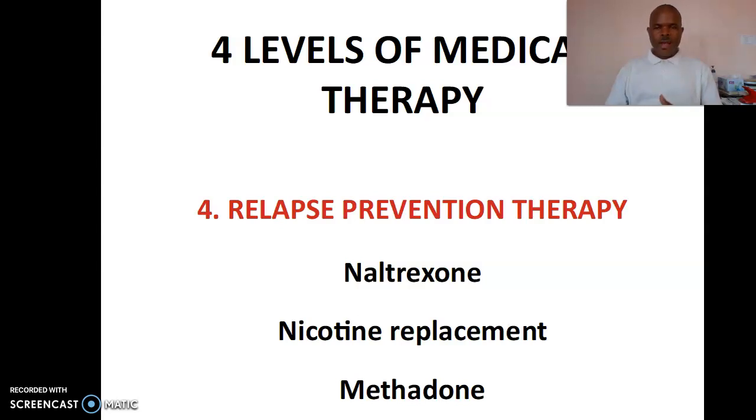They help you along, they strengthen your willpower so that you do not fall into the temptation of relapsing to drug abuse again. And so they cannot be used to replace rehabilitation. You cannot come into a rehabilitation center and the first day we give you an implant of naltrexone or nicotine replacement patch and you say you are okay, because we have only given you something that's working on your body.